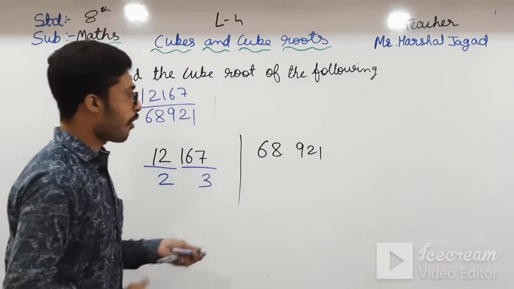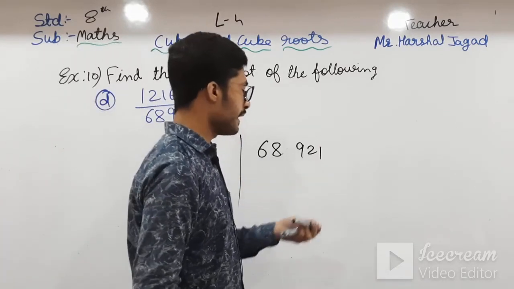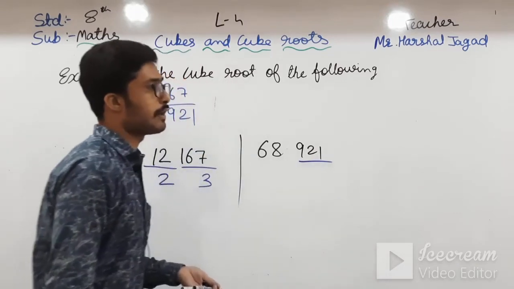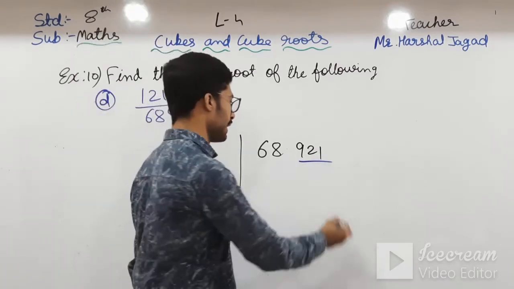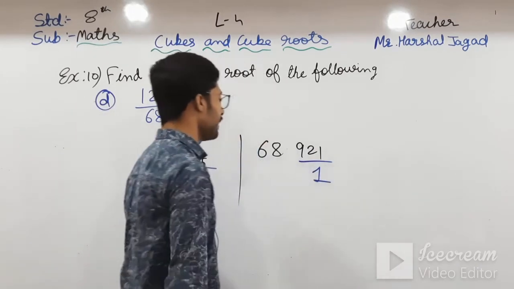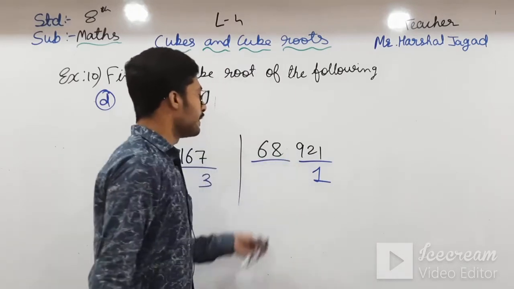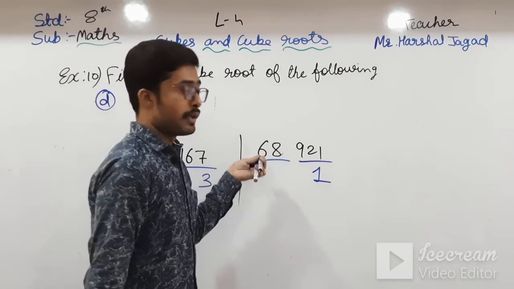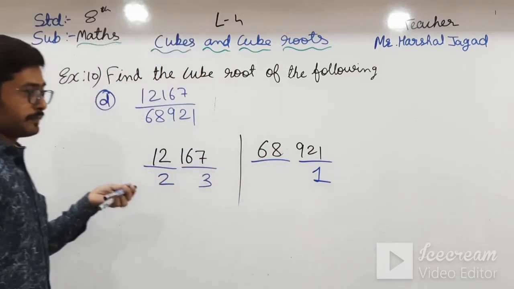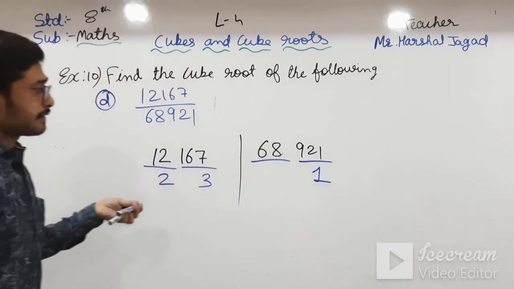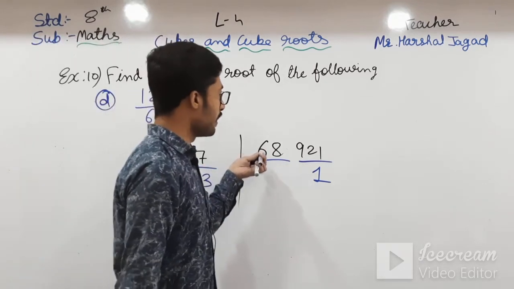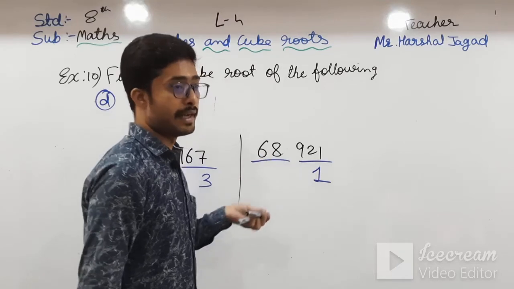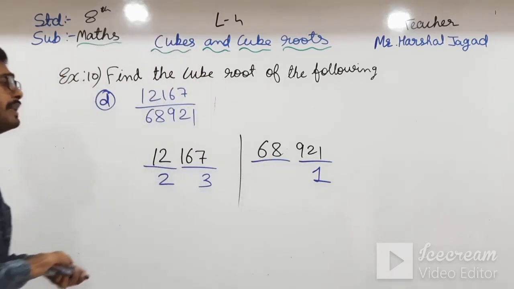This is also an odd number, so its cube root must be an odd number. See here, if there is 1 in the unit place, then what will come? 1 only. And in group 2, the largest cube of a number which is less than 68, what will be that number?